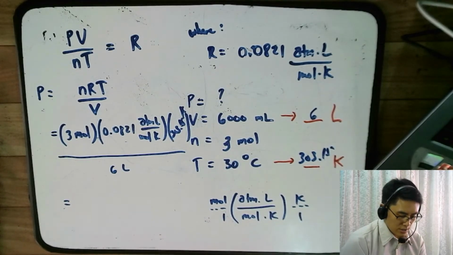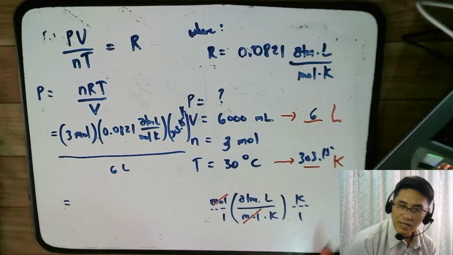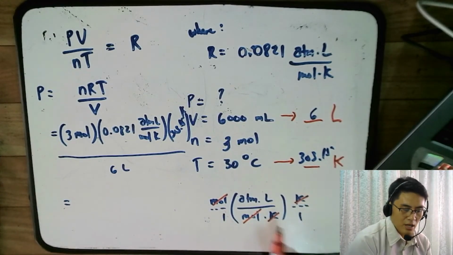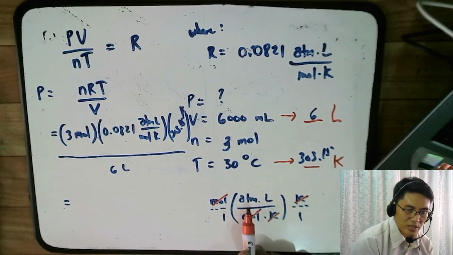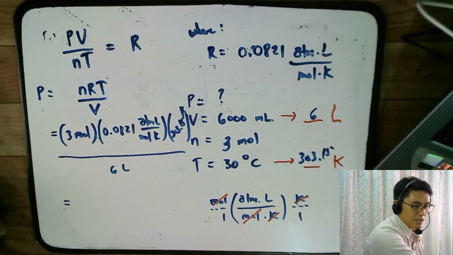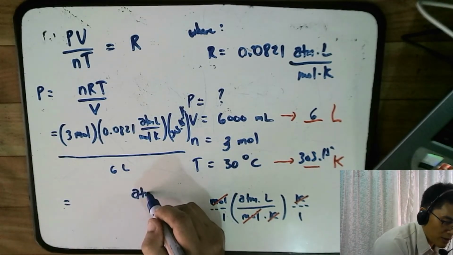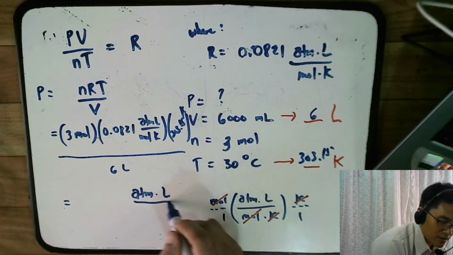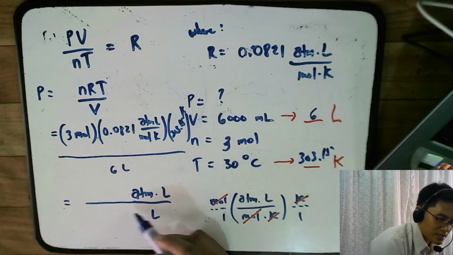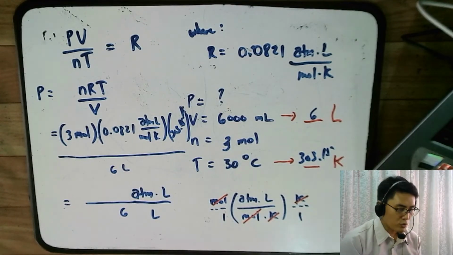So you notice that the mole here is a denominator, numerator, cancel out. Kelvin is denominator, numerator, they cancel out. So now what is left at the top is just atm and liter. Okay? It's just atm and liter. So here, what is at the top will be atm liter, and then what is at the bottom will only be liters, which is obviously 6 liters, and then here we have to multiply that.